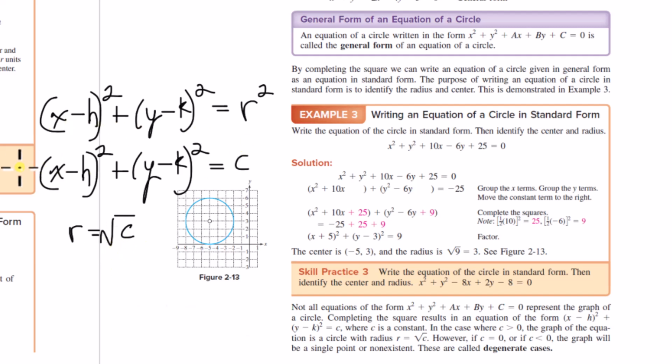And this is a circle if c is positive. Now, what if you do have one of these cases, the general form or even the standard form of an equation of a circle with r being 0 or r being negative? Then you don't have a circle, and these are called degenerate cases.